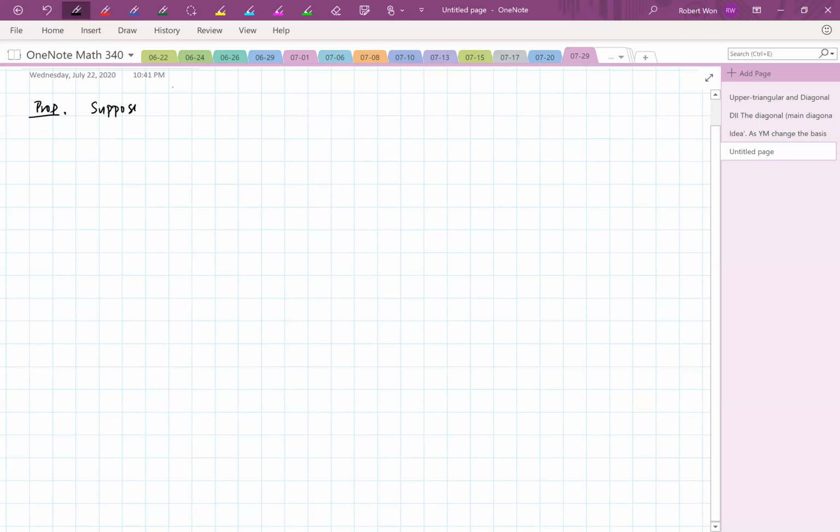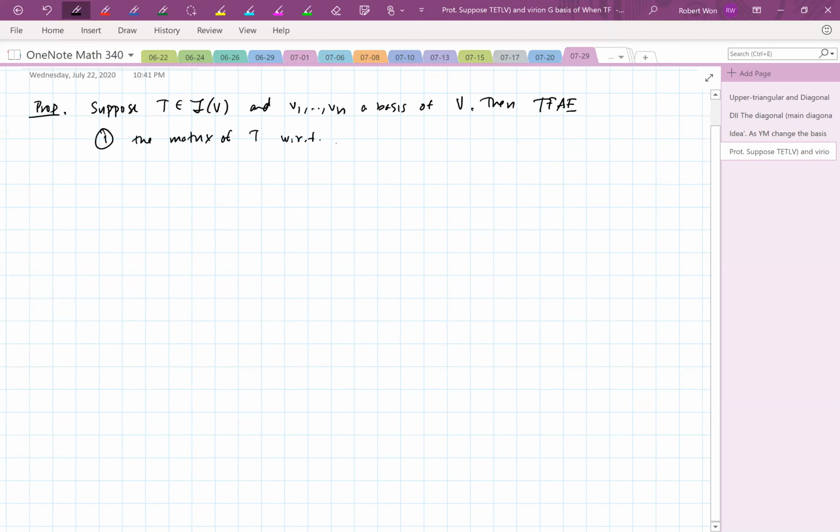Suppose that T is a linear operator on V, and V1 through Vn is a basis of V. Then the following are equivalent. 1, the matrix of T with respect to this basis is diagonal. That's exactly the same thing as saying that Vj is an eigenvector for all j.